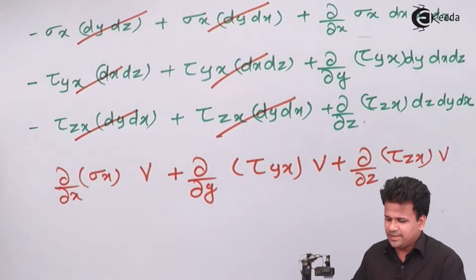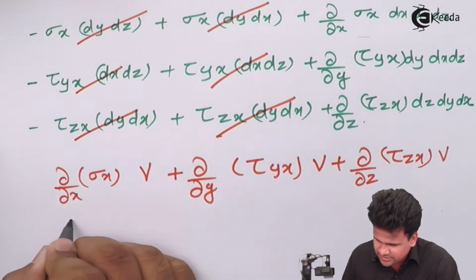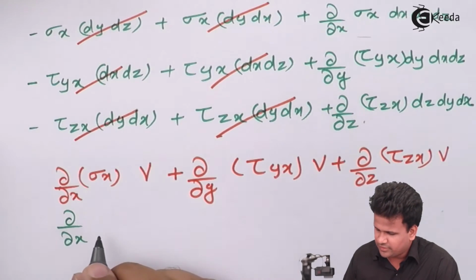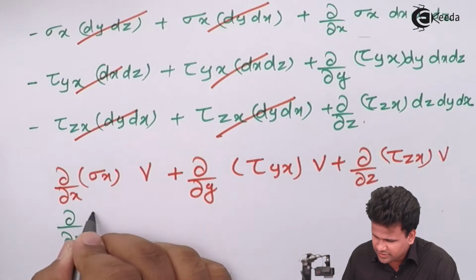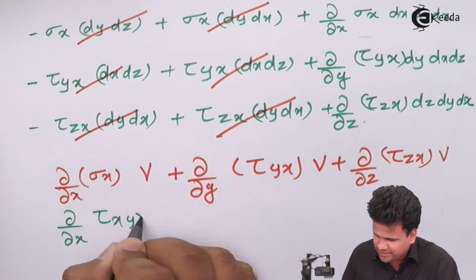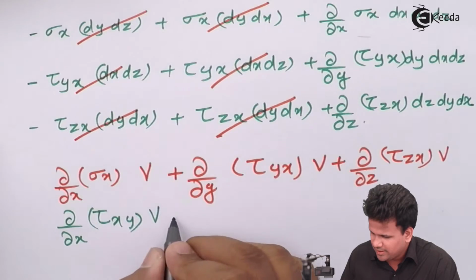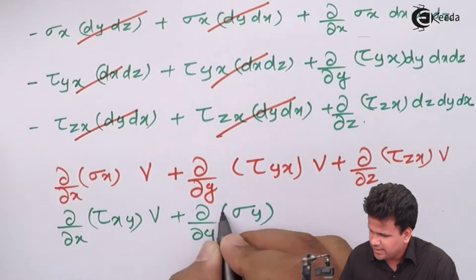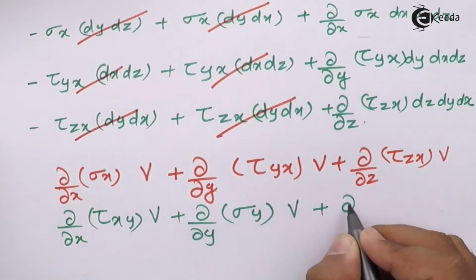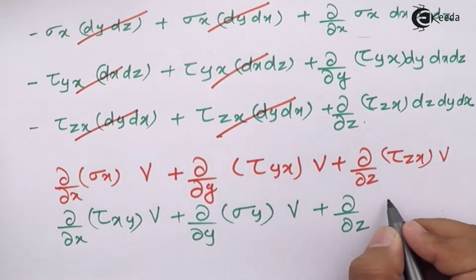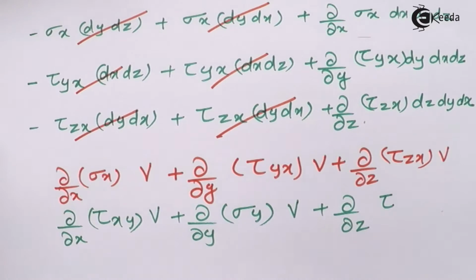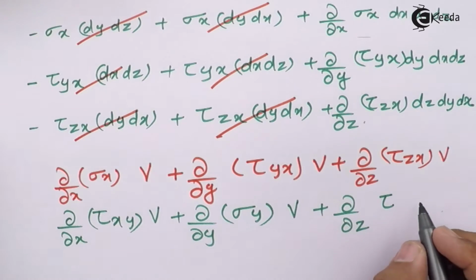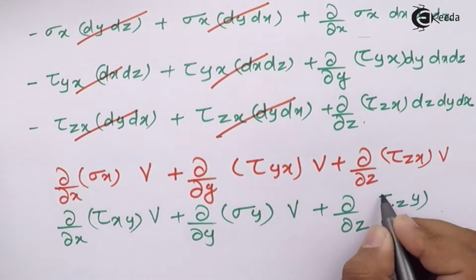Similar to this we can write it over here. This will be dou by dou x of tau of x plane y direction into volume, similarly plus dou by dou y of sigma y into volume plus dou by dou z of tau of z plane y direction into volume.